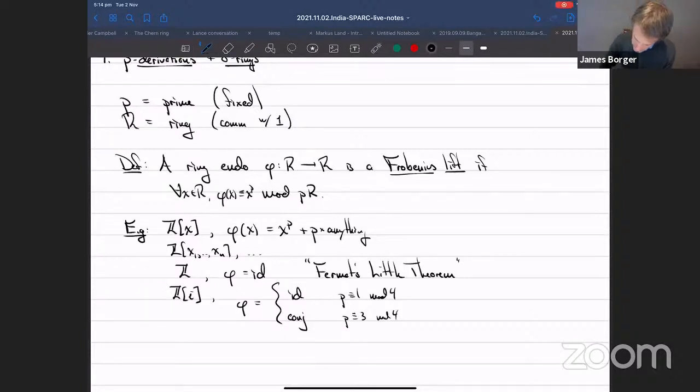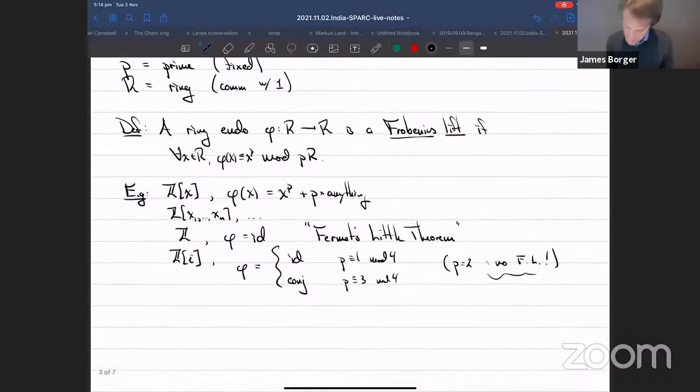And if p is 2, then there is no Frobenius lift. So that's a little exercise. If you know a very little bit of algebraic number theory, it would just be one or two lines. So it's not a hard exercise.